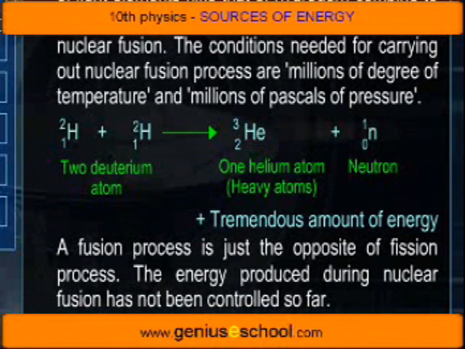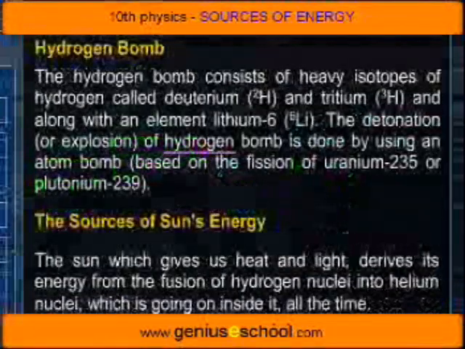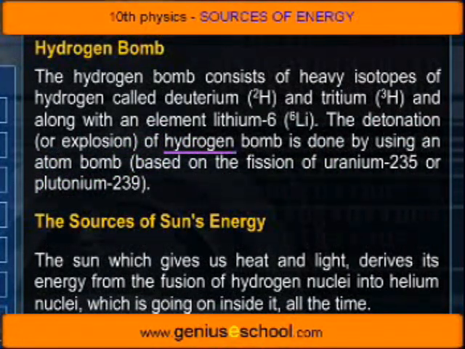A fusion process is just the opposite of the fission process. The energy produced during nuclear fusion has not been controlled so far. Hydrogen bomb. The hydrogen bomb consists of heavy isotopes of hydrogen called deuterium and tritium, along with an element lithium-6.